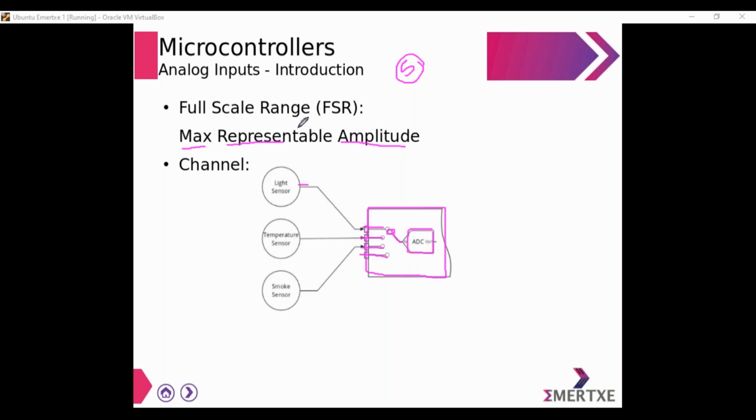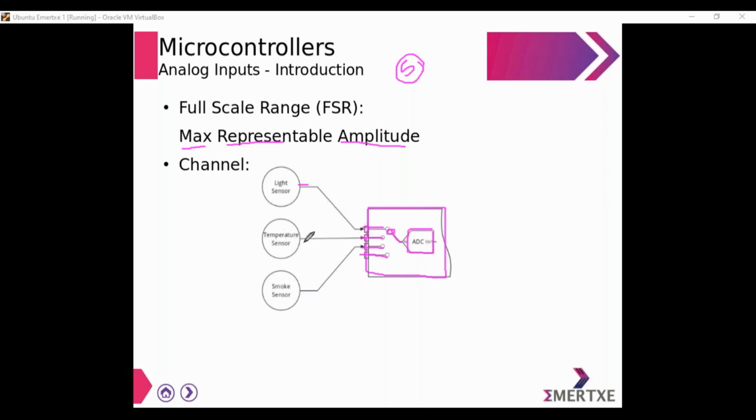Now coming to the channel, as I said, it's an interface between the sensors and the ADC. Only one channel can be active at a time. The ADC takes the analog input from one channel, converts it into a digital value, and stores it inside the register.